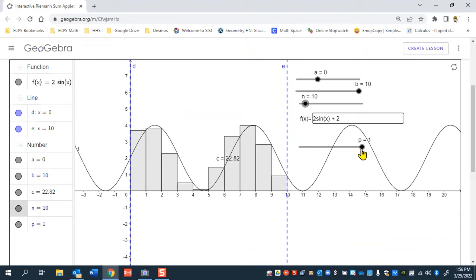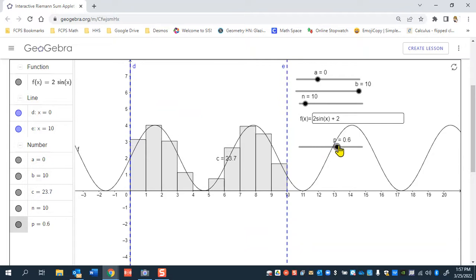P represents a different concept, because I'll slide P back and forth. Here is this P, and I want you to see what the difference is between this P and what happens to my boxes as I slide.